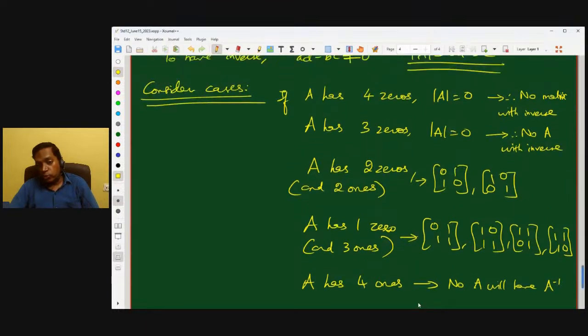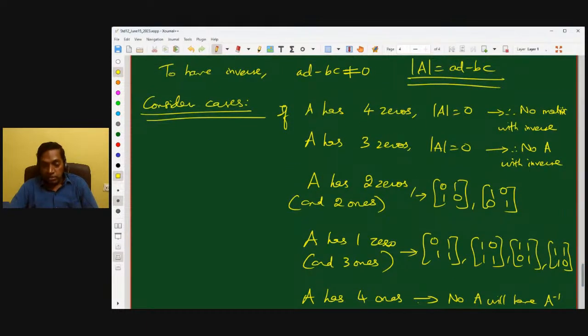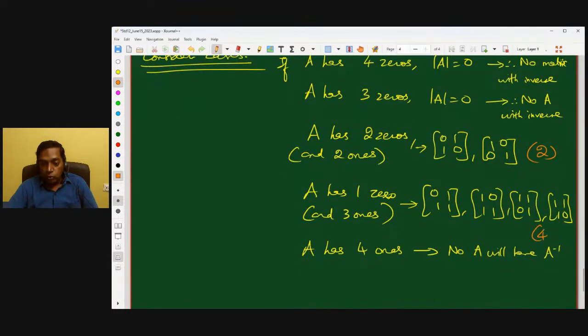Okay, so how many do we have? We have 4 matrices that have 3 ones. See, because it's possible to have all 4 zeros, 3 zeros, 2 zeros and 2 ones, 1 zero and 3 ones, or 4 ones. 4 zeros, not possible. 3 zeros, not possible. 2 zeros, yes, 2 is the count. 1 zero, 4 is the count. Correct? Are you able to understand? Okay, so this means there are 6 matrices.